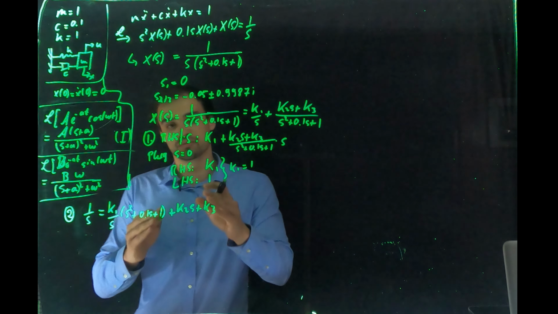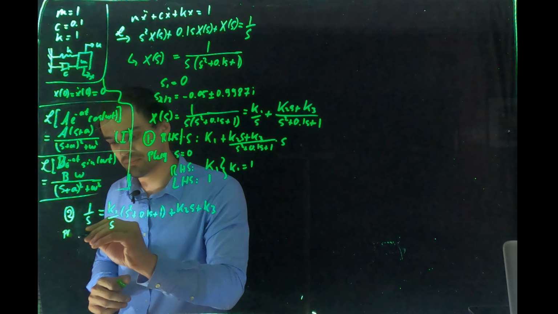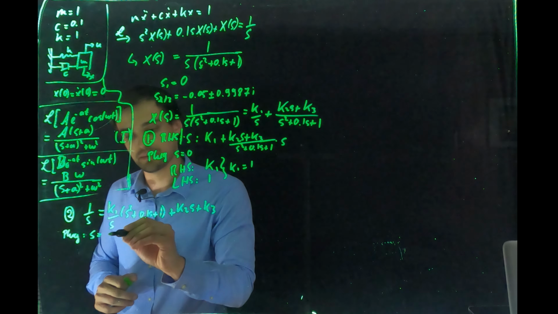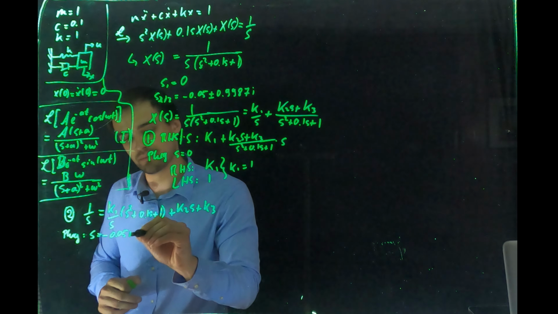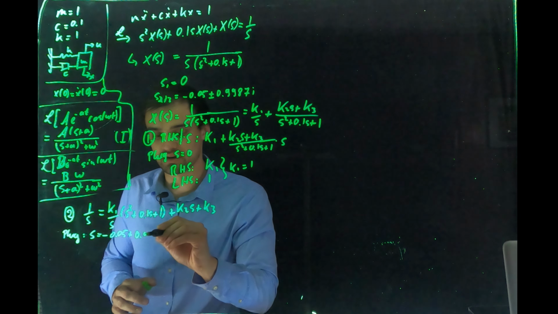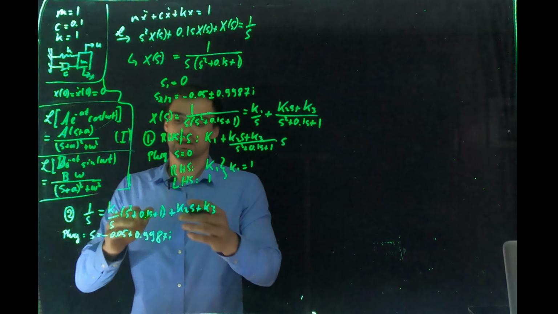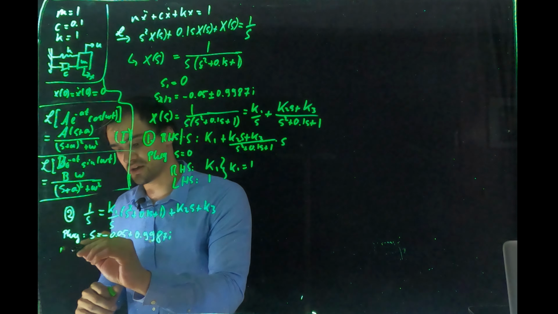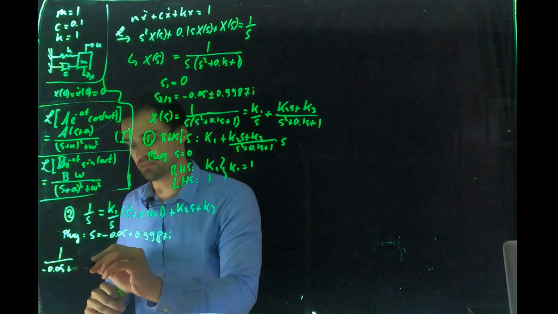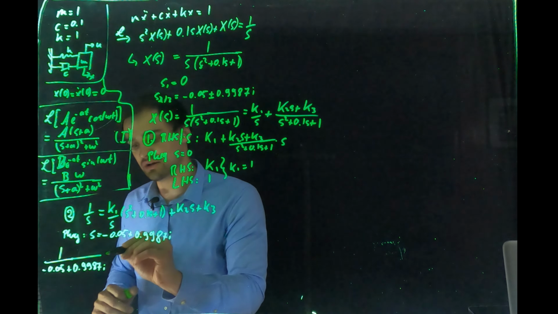Now I'm choosing to plug in the positive root of this equation. So plug in s equal to minus 0.05 plus the plus sign, that means positive root, 0.9987i. If I plug this in now, what do I get? I get 1 over minus 0.05 plus 0.9987i equal to.